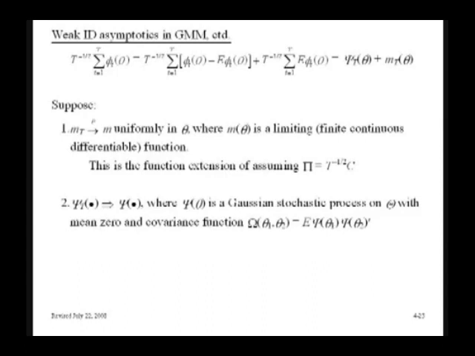Okay, what does that give us in terms of asymptotics? This mean term, we're just going to posit that it converges to some limit uniformly in theta. That's the modeling device that will deliver this other non-standard asymptotics. This term, psi t of theta, in the two-stage least squares case was just going to converge to a normal.